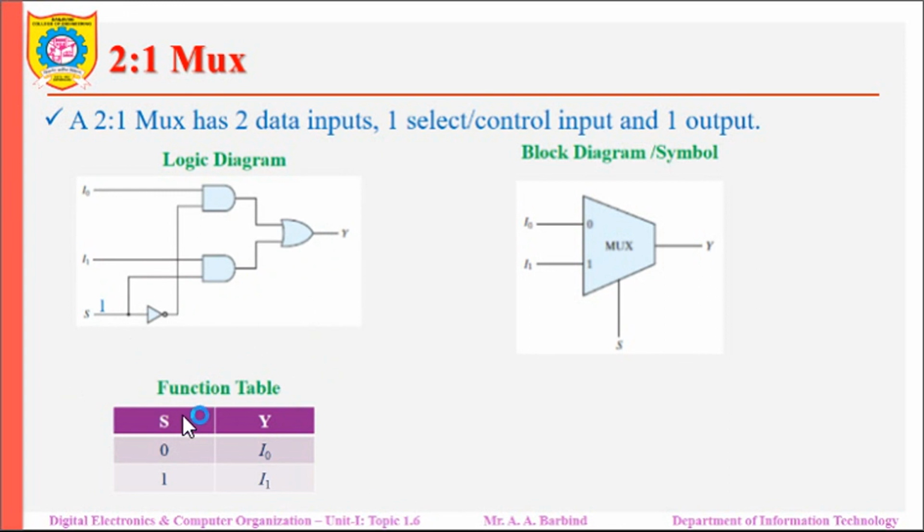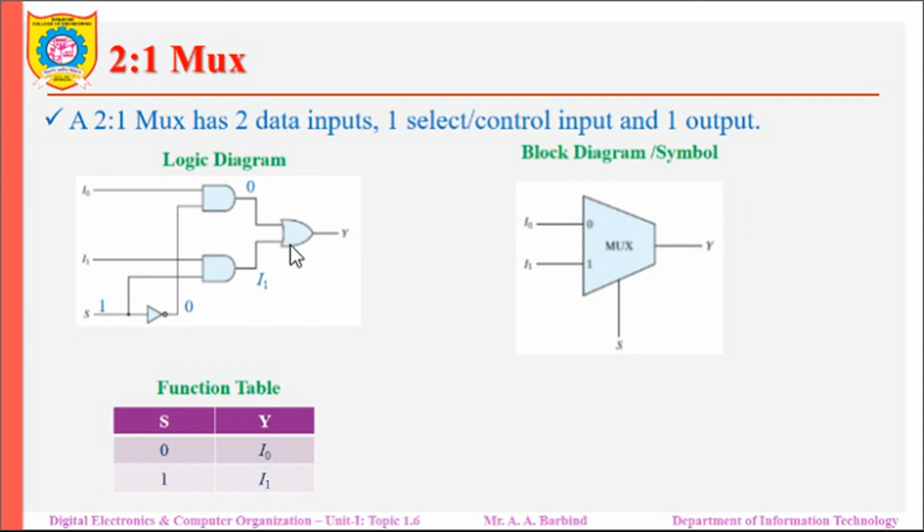Next, when S is 1, the output of the inverter will be 0. As a result, the output of the first AND gate will be 0. The output of the second AND gate will be I1, because one of the inputs is 1, so I1 AND 1 will be I1.